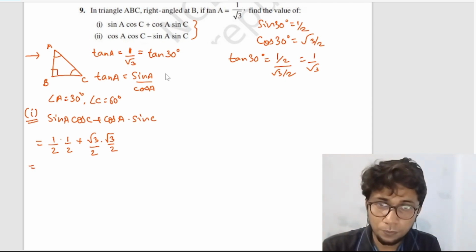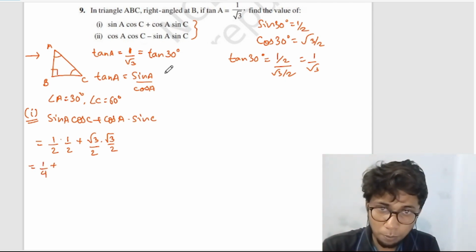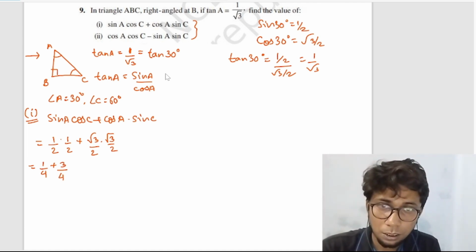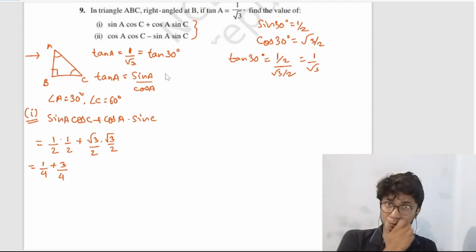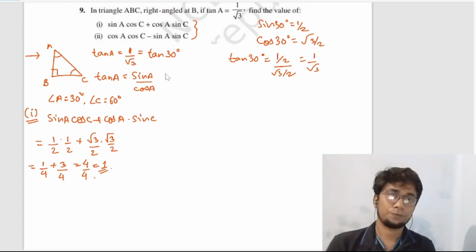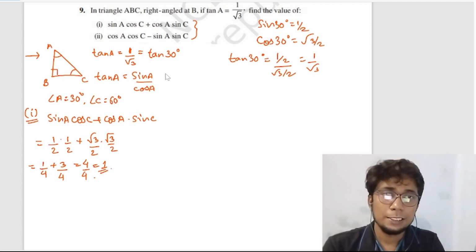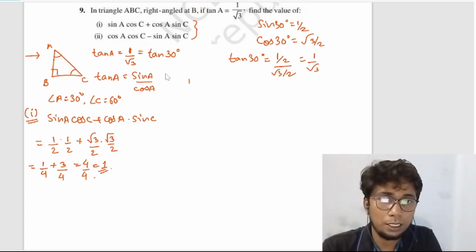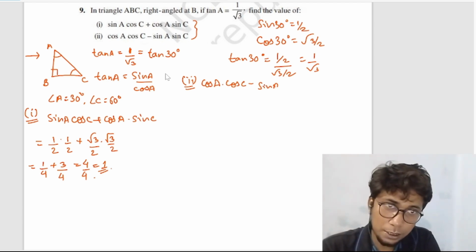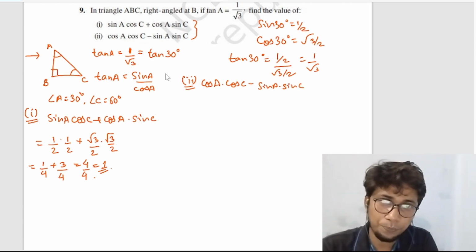This is going to give you 1 over 4 plus 3 over 4, and that is nothing but 4 over 4, that is 1. Fine. Similarly, let's look at the other expression. This is cos A cos C minus sin A sin C. What is cos A?